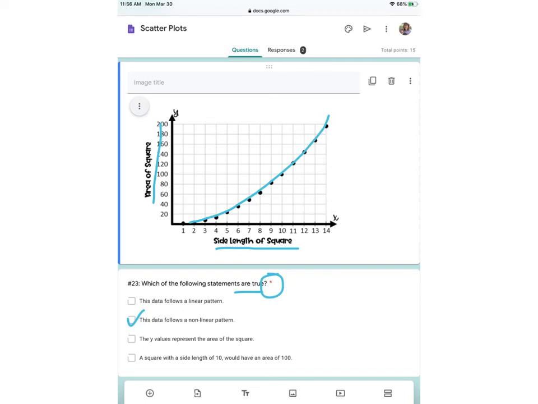When the y value represents the area of the square, this is the y value here, the area of the square, so I would say yes. A square with a side length of 10 would have an area of 100. So if the side length is 10, then the area would be 100. So yes, that's true as well. So wow, 3 out of 4 of these are the correct answer.